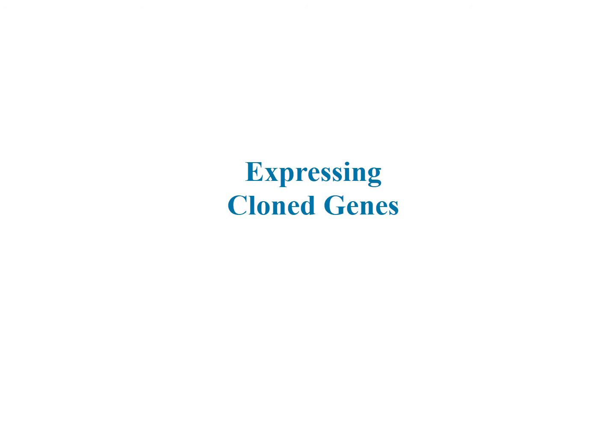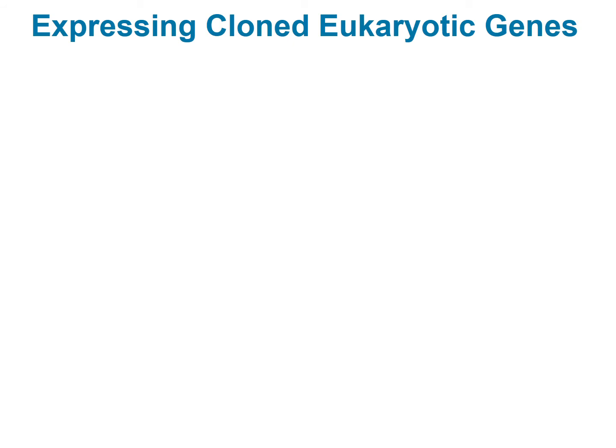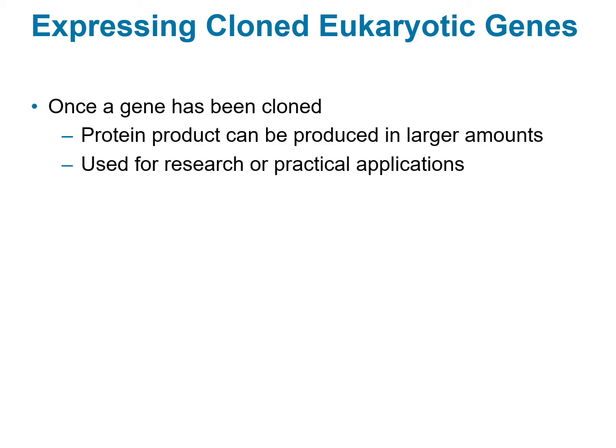So expressing cloned genes involves the induction of the start of this process. When cloning eukaryotic genes, once the gene has been cloned, meaning you copied the gene and put it in a vector, the protein product can be produced in larger amounts.